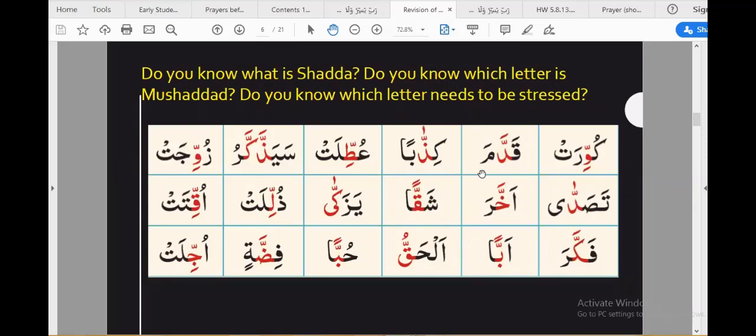Qaddama. Excellent. Can you tell me in this example which is the mushaddad letter? The one in the middle. Dal. Yes, dal is the mushaddad letter because it has a shadda on top. Perfect.